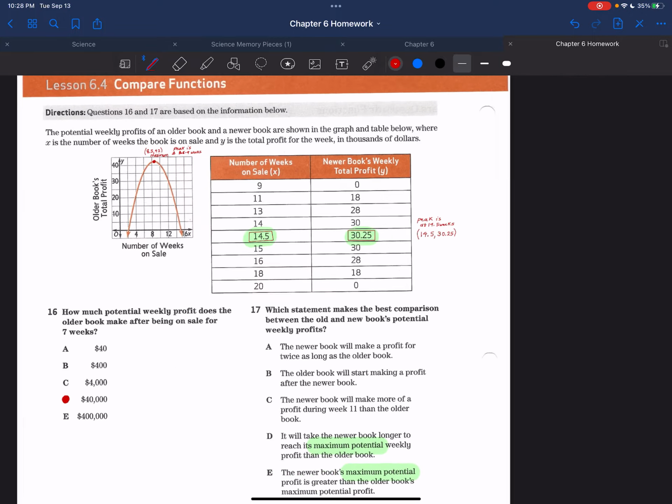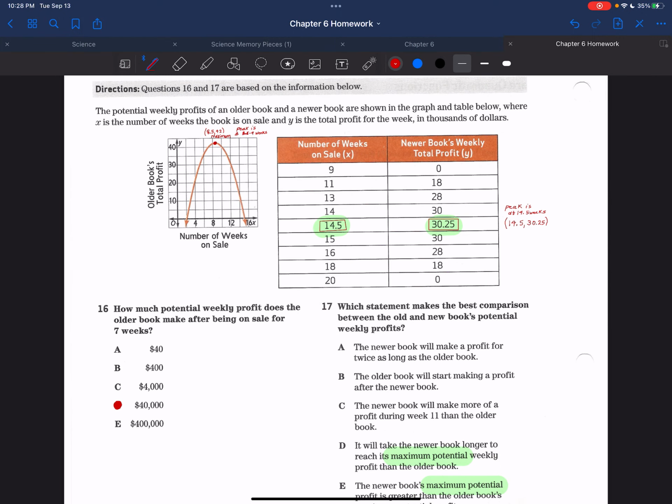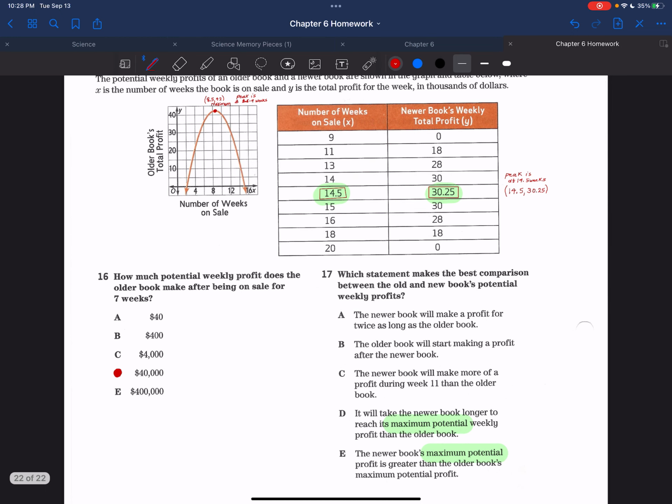So let's look at these two maximum choices and see what comparison we can make. It will take the newer book longer to reach its maximum potential weekly profit than the older book. Well, that is saying that 14.5 for the newer book is greater than 8.5 for the older book. That's a true statement.